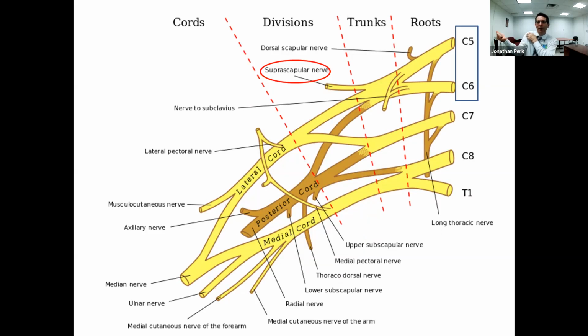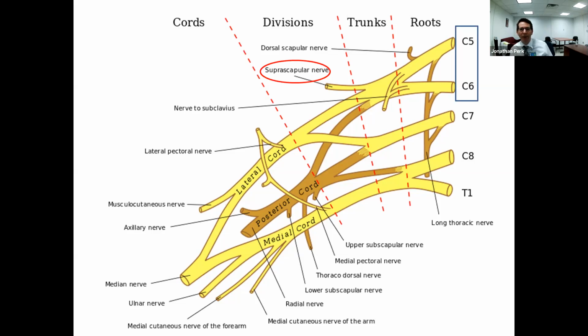I don't know if you guys can see me. External rotation: you see my wrist is going outwards. And the other movement is abduction. In this case, we're talking about the beginning of abduction, up to 30 degrees from the body. Those are the two movements that we're interested in now.